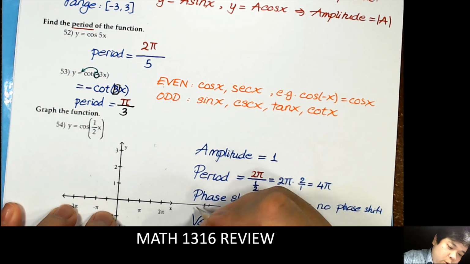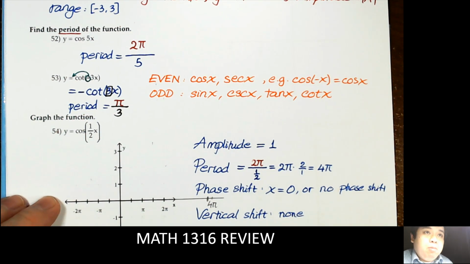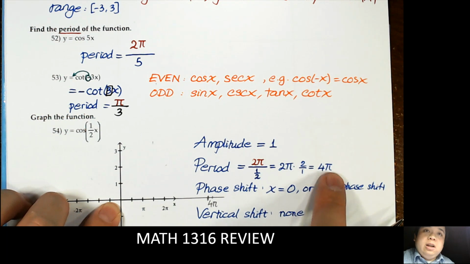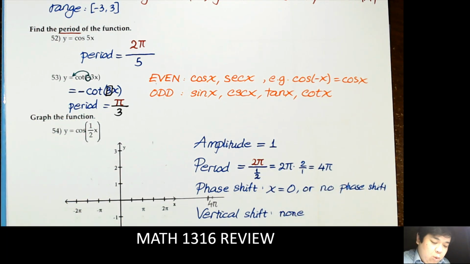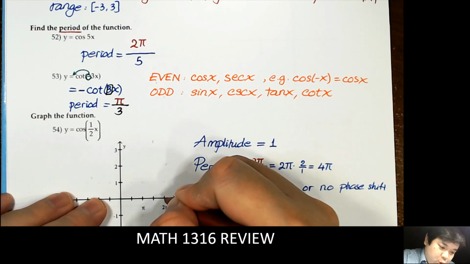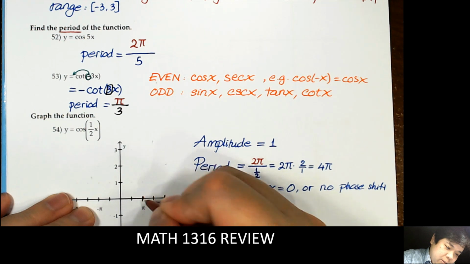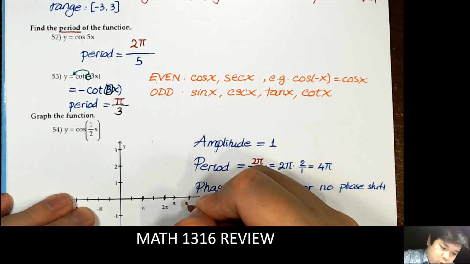So that is 4 pi. So that is for one period from 0 to 4 pi. Right. And once we have that, we'll divide into 4 equal segments. So 2 pi will be in the middle, then pi, and here will be 3 pi.